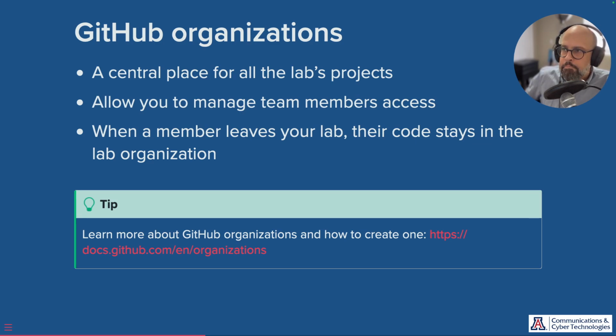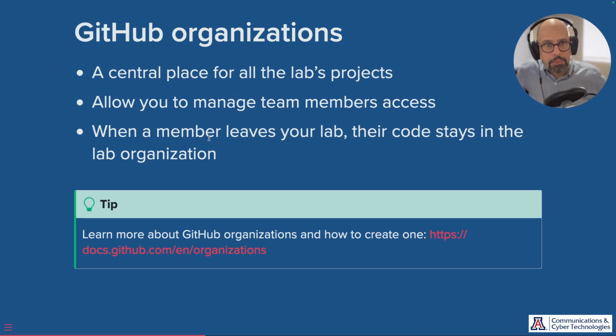Okay. So next thing I'll mention here is GitHub organization. You've all hopefully created a free personal account at github.com, but you can also create organizations. And this is a nice thing.